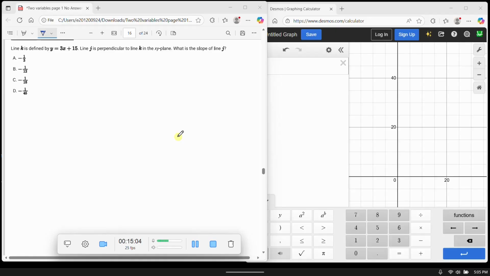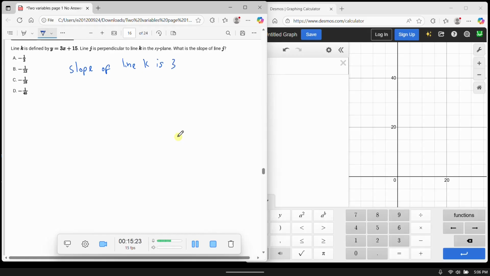This question asks for the slope of J if it's perpendicular to K. So right now the slope of line K is positive 3.